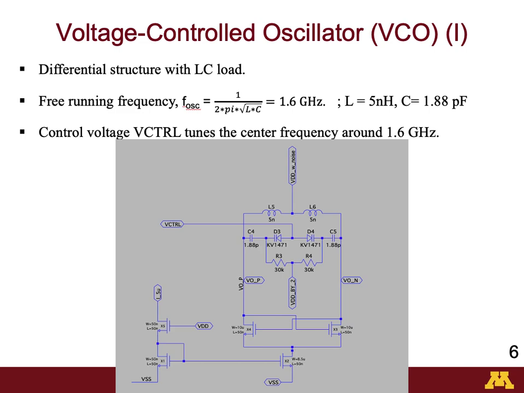The VCO has a differential structure with LC load or LC tank as we call it. Its free running or resonance frequency is given by the equation F oscillator is equal to 1 upon 2 pi square root LC, which is equal to 1.6 gigahertz because I designed this for 1.6 gigahertz.